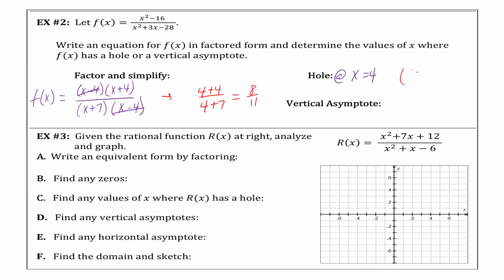So our hole is at 4, comma, 8 over 11. And therefore, where's our vertical asymptote? What's left in the denominator? 7. So where's my vertical asymptote? x equals negative 7.